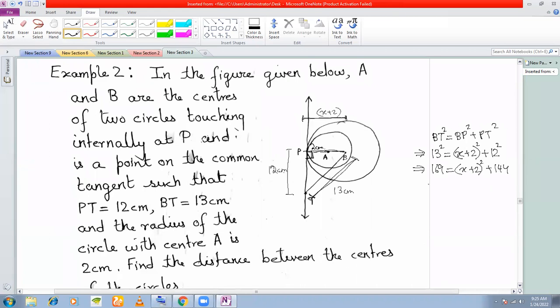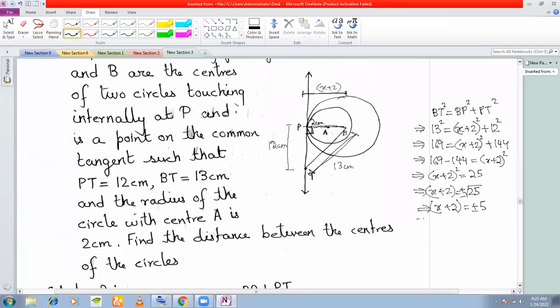You can solve it as a quadratic, but the easier method would be to keep x plus 2 whole square as it is. That means you're getting x plus 2 whole square is equal to 25. That means x plus 2 will be equal to plus or minus square root of 25, right? That means x plus 2 is equal to plus or minus 5, right?